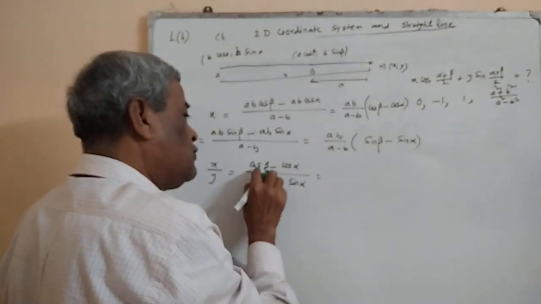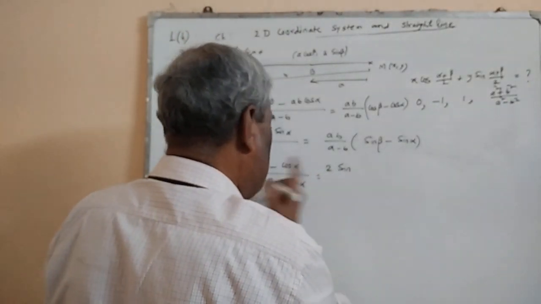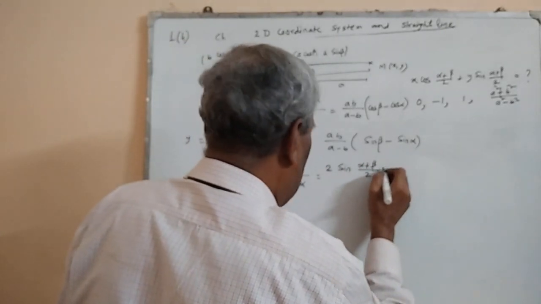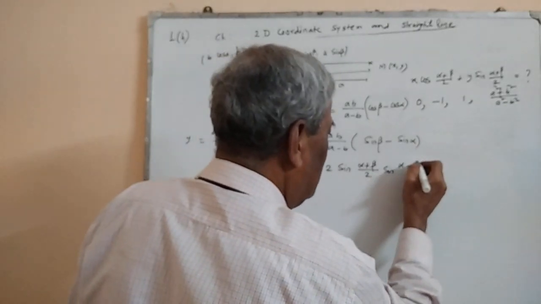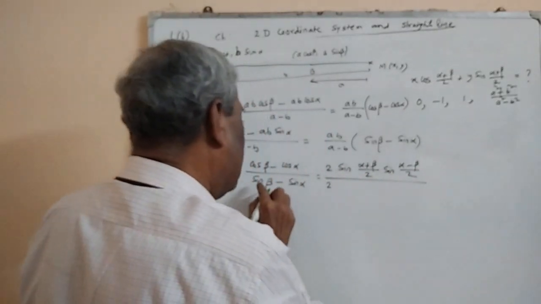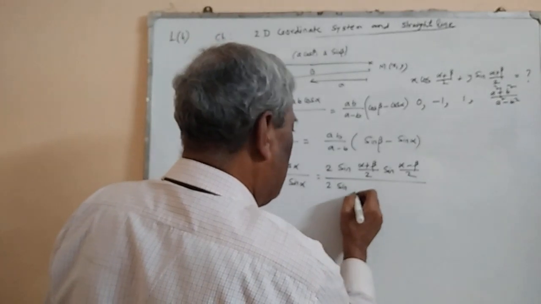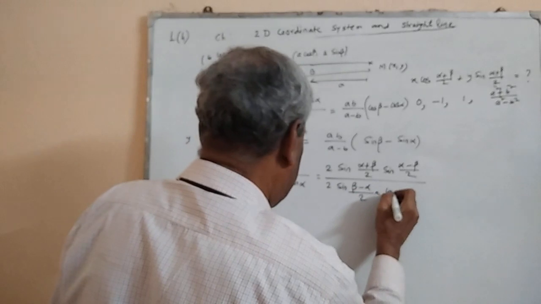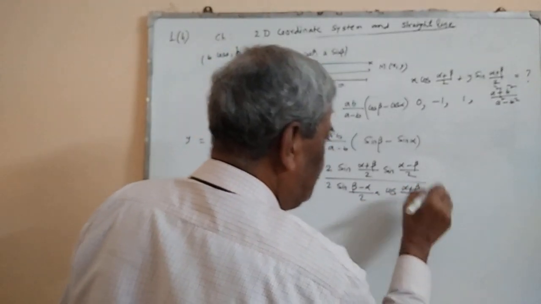Using cos C minus cos D and sin C minus sin D, it is equal to 2 sin of alpha plus beta by 2 into sin of alpha minus beta by 2 by 2 sin of beta minus alpha by 2 into cos of alpha plus beta by 2.